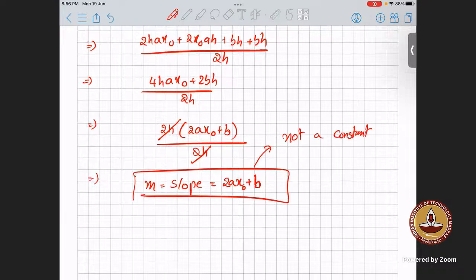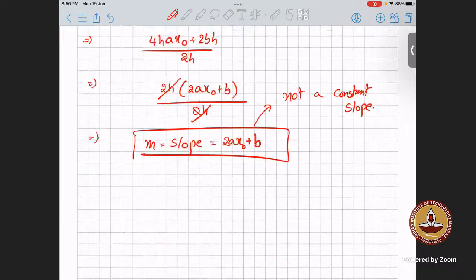Sir, I might have missed the earlier part, but can you explain once more what a slope and a constant slope are, and why this is not a constant slope? Look, here 2ax naught plus b, the slope depends upon the x coordinate. Agree?